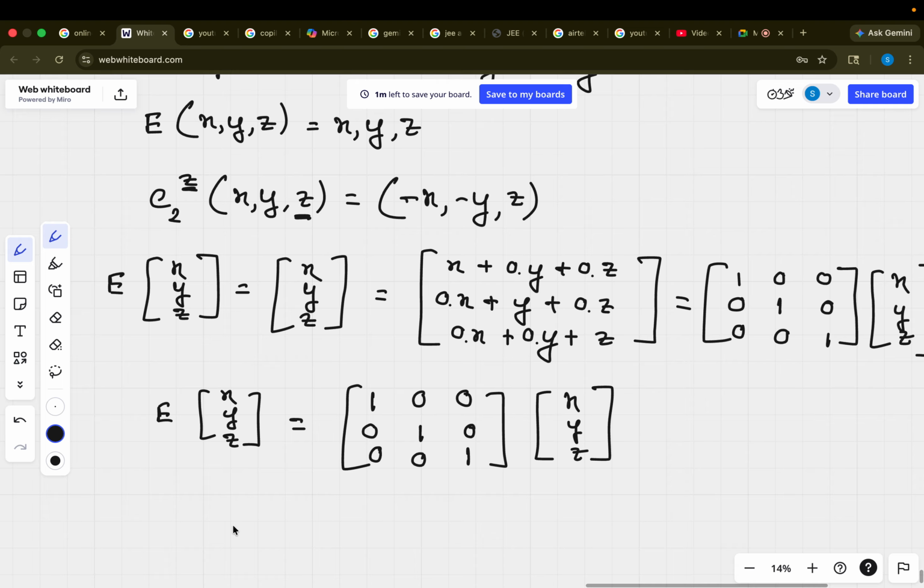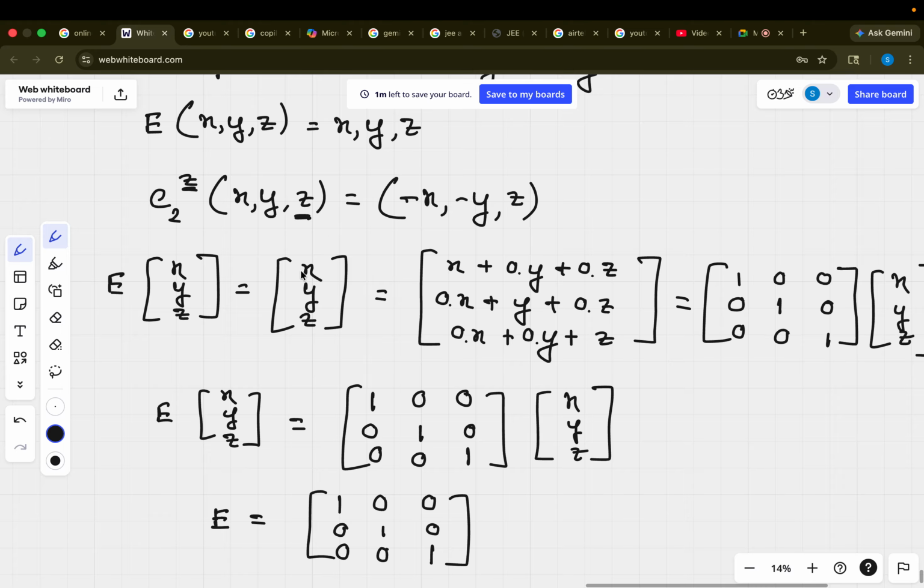If I compare, the identical operator is equal to the matrix 1 0 0, 0 1 0, 0 0 1. So this is basically your identity matrix. Fine, this is basically your identity matrix.